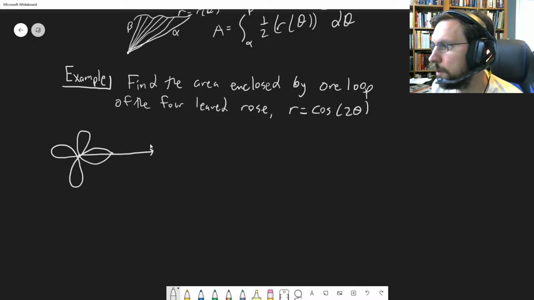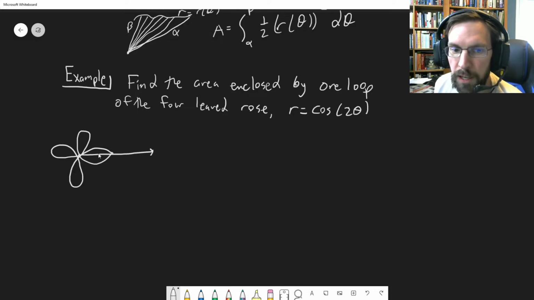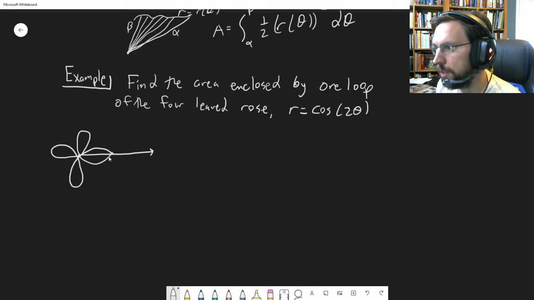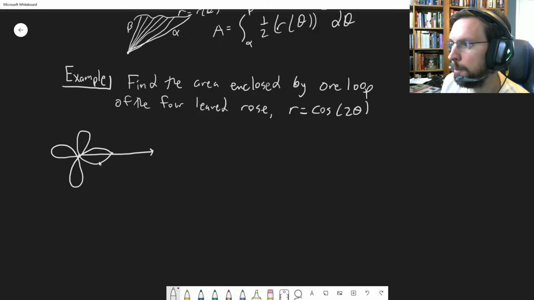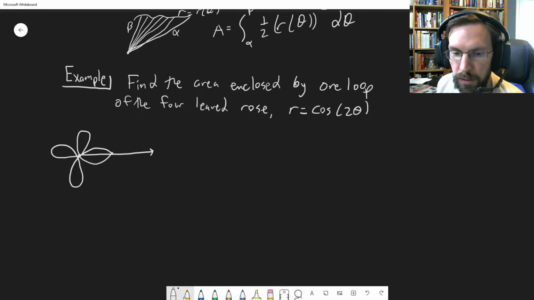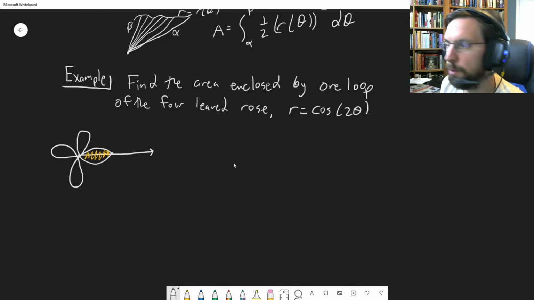If your sketch is accurate, each one of these loops, or petals, or leaves, is going to be exactly the same. So I want to find the area enclosed by this leaf here. One thing we want to do is write this as a continuous interval of theta.